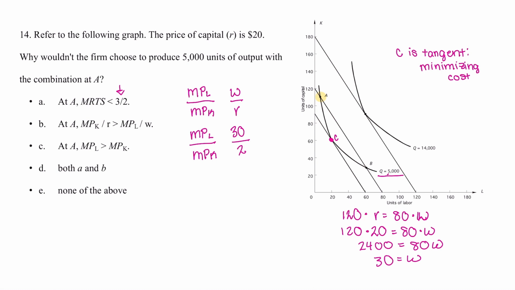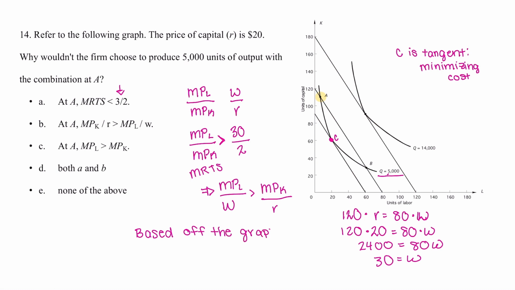What's happening is that our marginal product of labor over our marginal product of capital, or our MRTS, is greater than our wage ratio. And we know that this is true because, based off of the graph, we're using too much capital and need to use more labor.